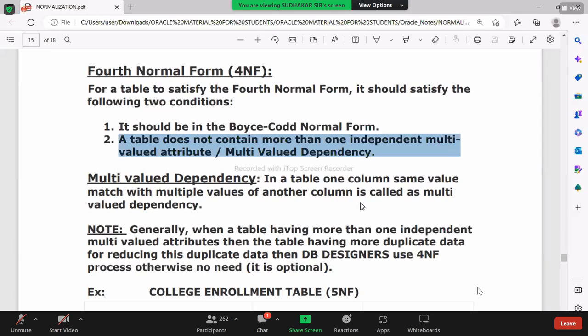When to split? Suppose your table has only one independent column, can you split? No, no need. I can carry it forward, yes or no? But you apply the normalization technique when your table has more than one multi-valued column. So the new concept now is multi-valued columns.